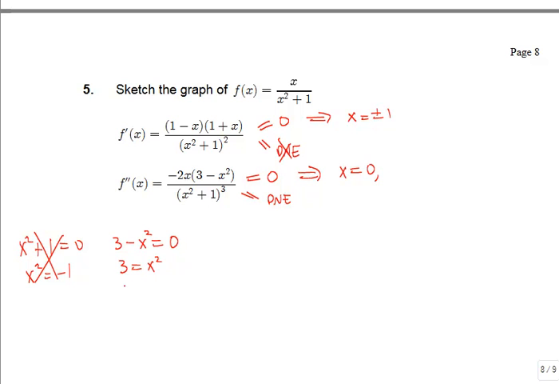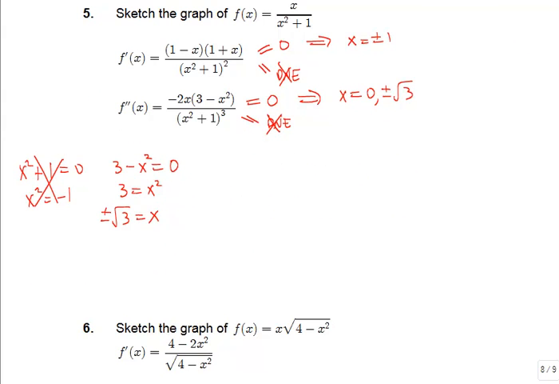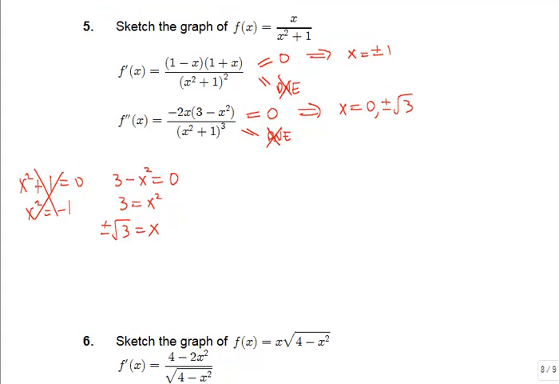If I add that x squared over and take a square root, remember that you get plus or minus when you take a square root. So we're going to get a plus or minus square root of 3. And then in the denominator, again, x squared is always positive. So when I add 1 to that, this is always going to be greater than 0. It's never going to equal 0. So this is impossible again. Okay? So now that we have all of our critical numbers, we're ready to go ahead and make our number lines.